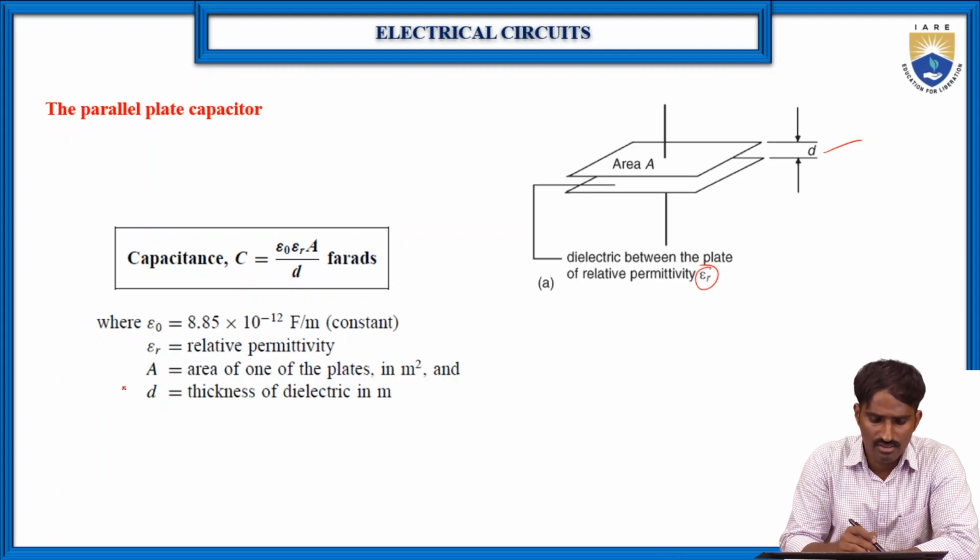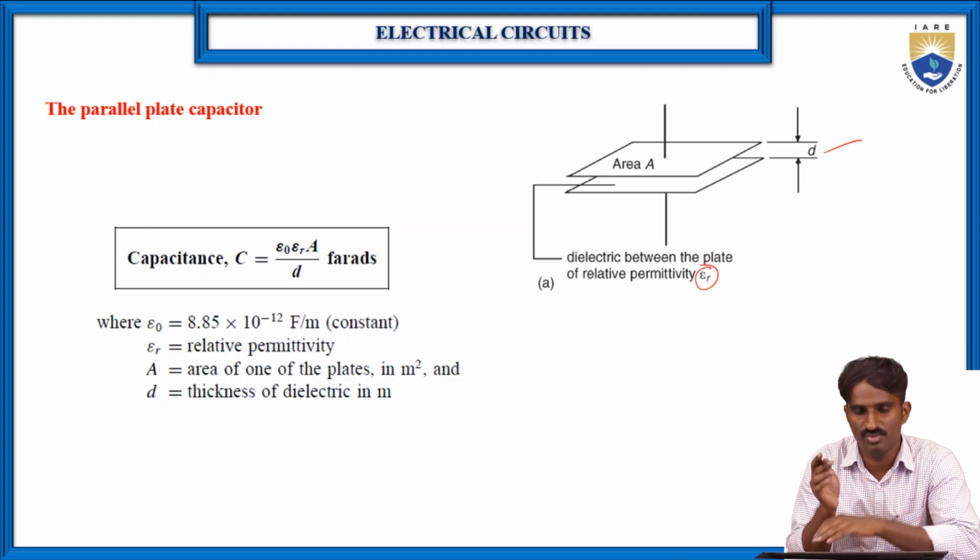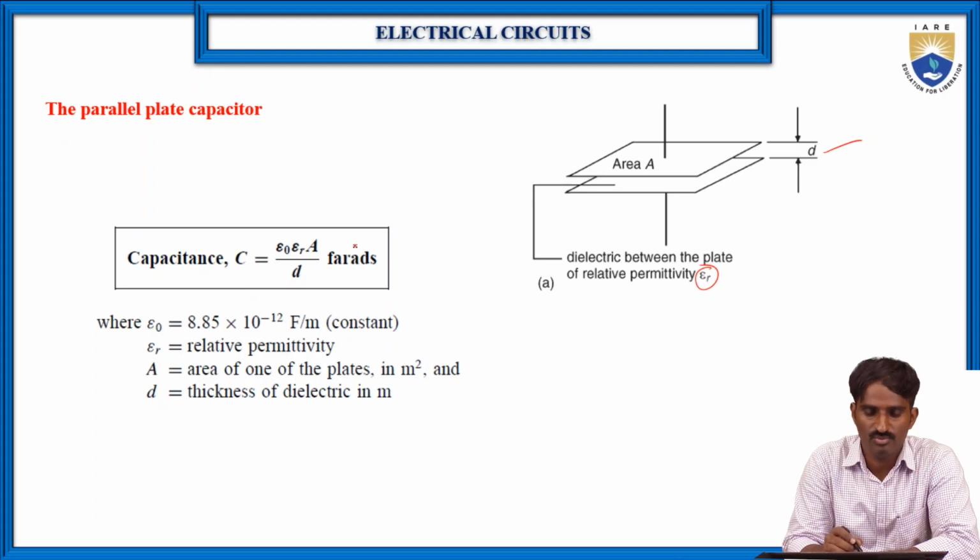Then the capacitance of that particular capacitor depends on the terms epsilon naught epsilon R into A by D. Here A is the area of the plates, of course, because the two plates should have the same area, and D is the distance between the plates. Here epsilon naught is a constant value, equal to 8.85 into 10 to the power of minus 12 farads per meter.